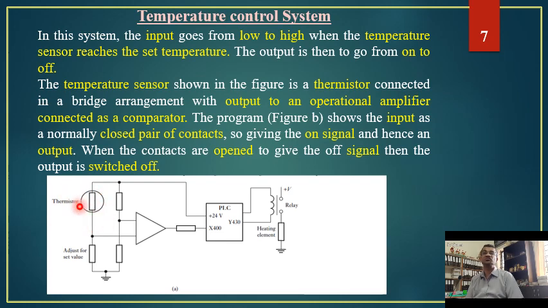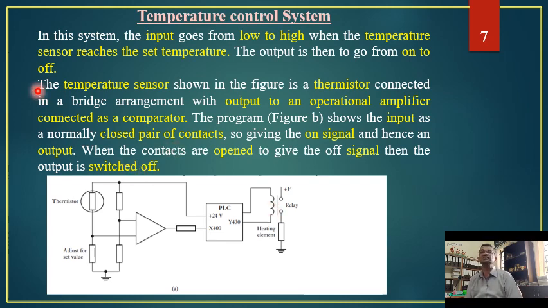Thermistors are used for sensing the temperature, because we have to see whether the temperature has reached the set temperature or not. When the set temperature is reached, one signal needs to be sent to X400. That will be the input signal for the PLC. Then the PLC has to control Y430, the output, turning it from on to off once the set temperature is reached.